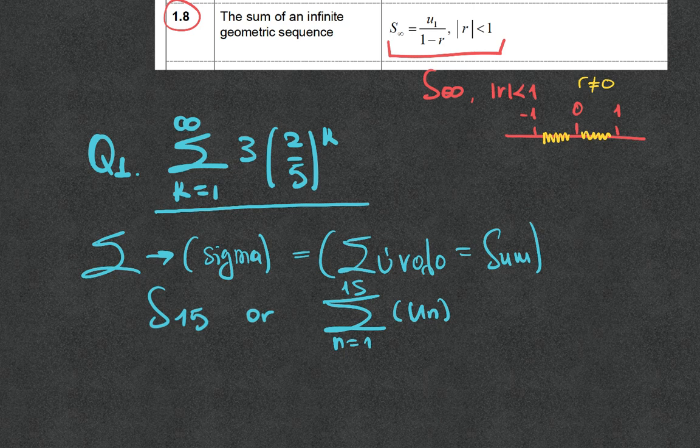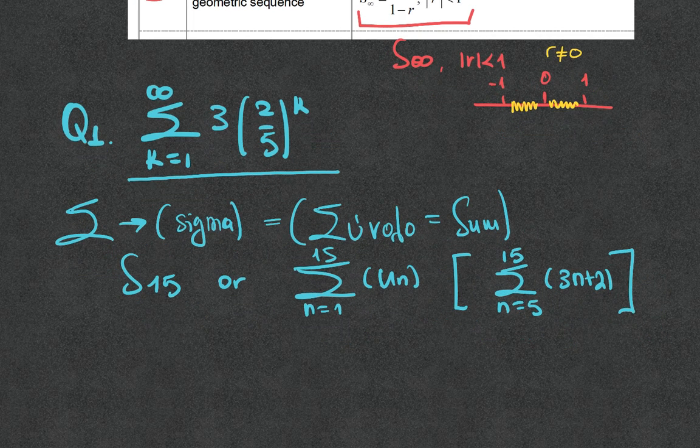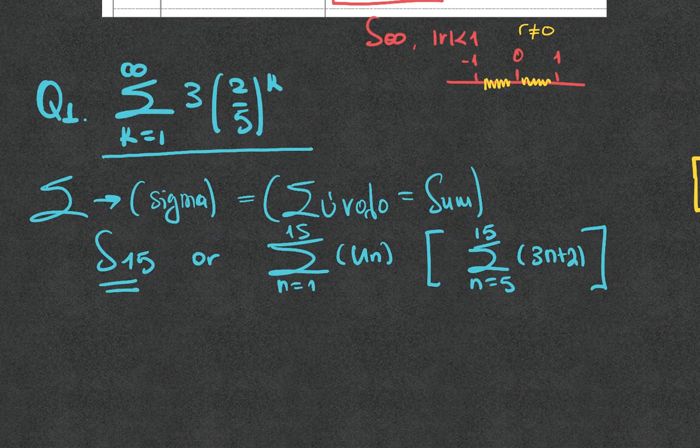Briefly, the benefit of using sigma notation is that you could, should you wish to, calculate a sum of terms that don't go from 1 to 15, but let's say from n equals 5 until 15, and let's just use 3n plus 2 as my nth term, which is clearly an arithmetic sequence. That's the one little difference to understand: S15 will never start halfway through the numbers that you're adding, whilst sigma notation provides you with an opportunity to go from the 5th to the 15th.